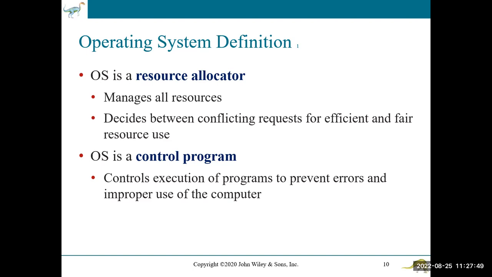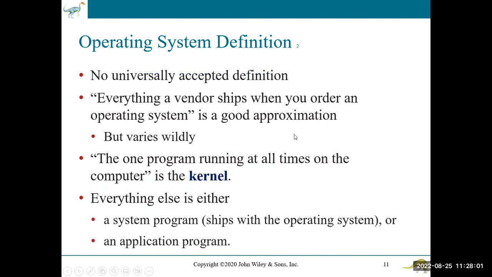Once again, your textbook author is coming at it from the computer science side of things, whereas what we reviewed last week was more hardware oriented. There's no universally accepted definition. That's why the term firmware is also equivalent to operating system, right?